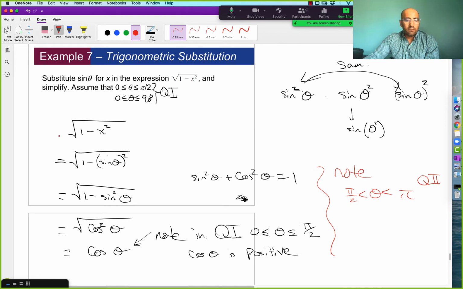Good? And the result of this has to be positive. The square root of 9, the square root of 10, it's always positive. So therefore, I would have had to multiply this by a negative 1 to make the whole thing balance. Good. The answer would have been that the square root of 1 minus x squared equals negative cosine of theta, if theta was in quadrant 2.